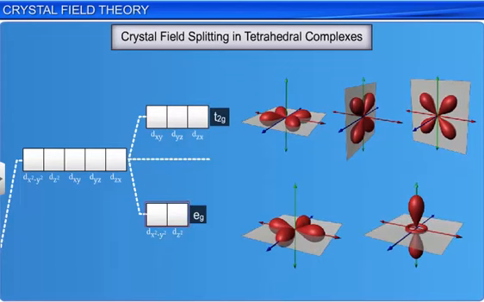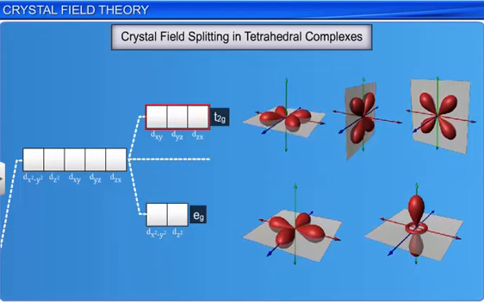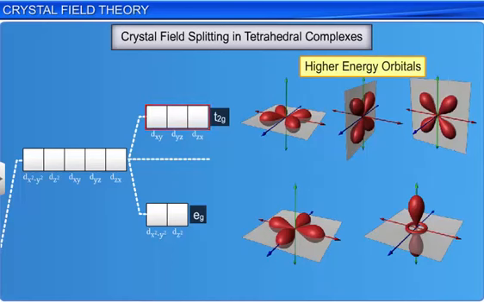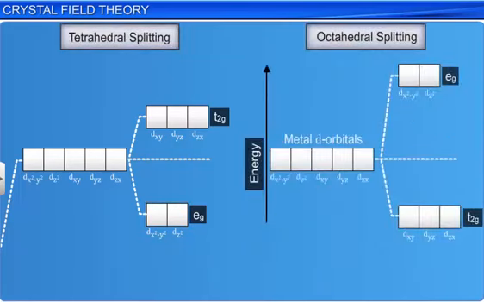This is because the t2g orbitals are oriented along the direction of the approach of the ligands. Thus, in tetrahedral splitting, the t2g orbitals are of higher energy, and the two eg orbitals are of lower energy. You can say that the d orbital splitting in tetrahedral geometry is exactly the reverse of octahedral splitting.